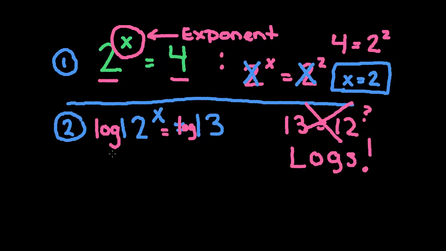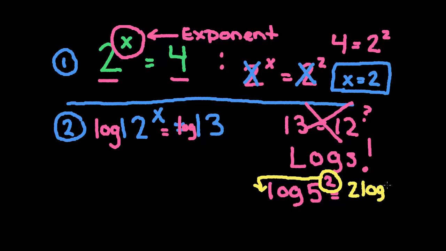The reason we're taking the log is because we have a log property that says if I have the log of something to a power, then I can take the power and put that in front of the log. So I can rewrite that as 2 times log 5.